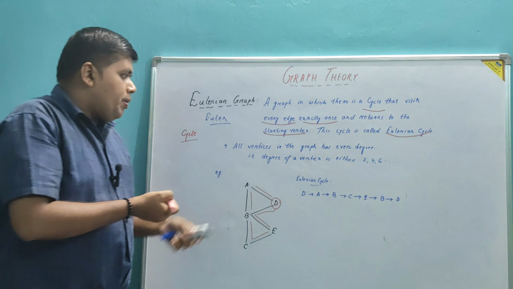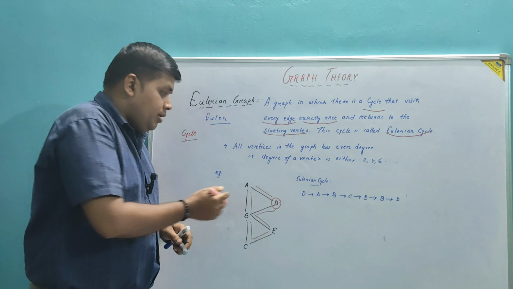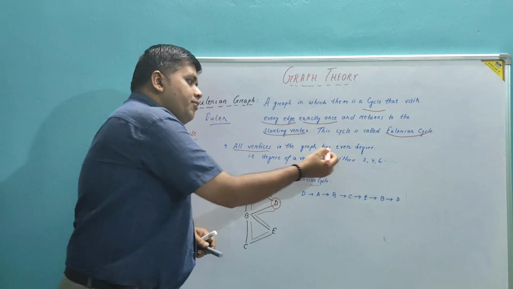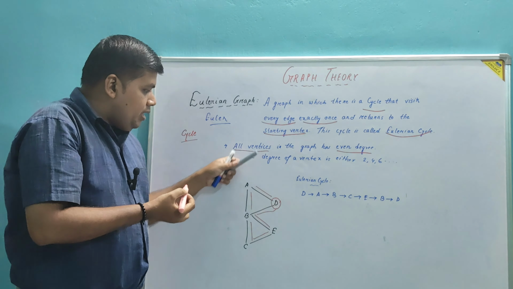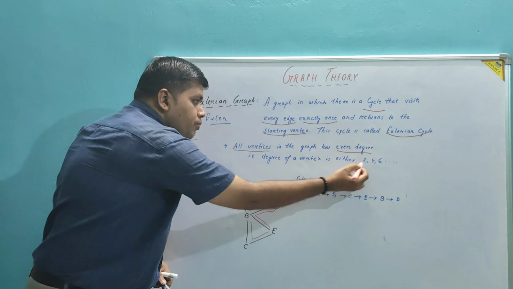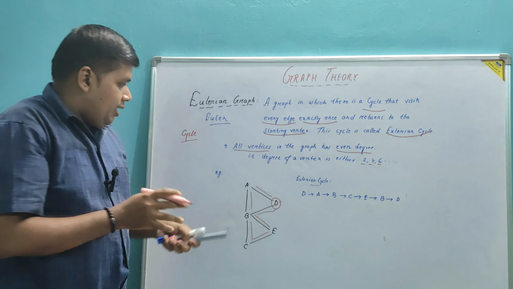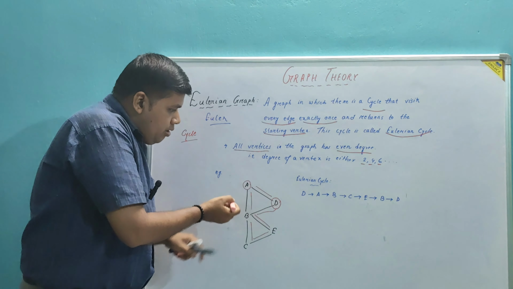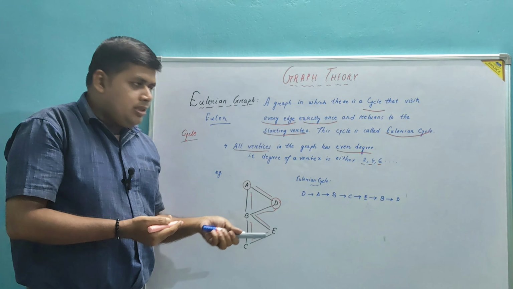So how can we identify whether a given graph is Eulerian or not? All the vertices must have even degree. The degree of the vertices must be either 2 or 4 or 6, whatever it is, it should be an even degree. From that angle, suppose A, what is the degree of A? We have already discussed what degree is.